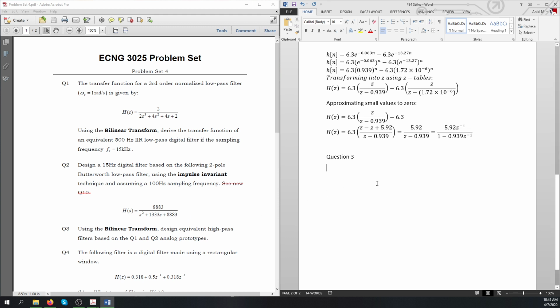So I'm just going to show you what the key differences are if you're actually going to be doing the design technique here for the bilinear transform.